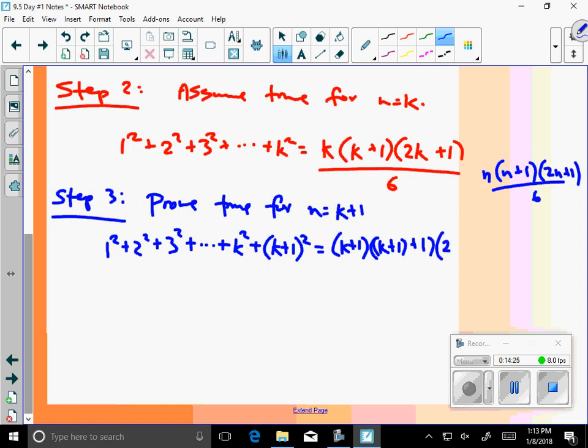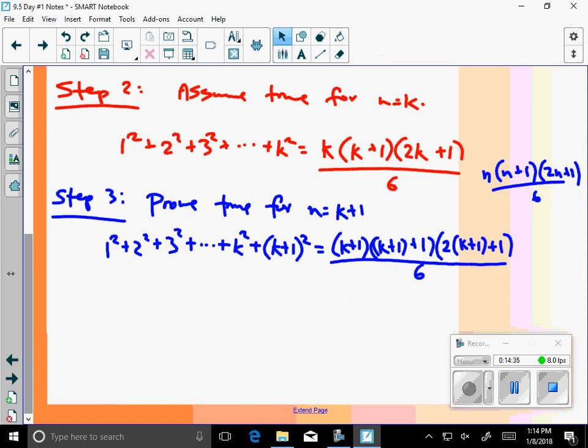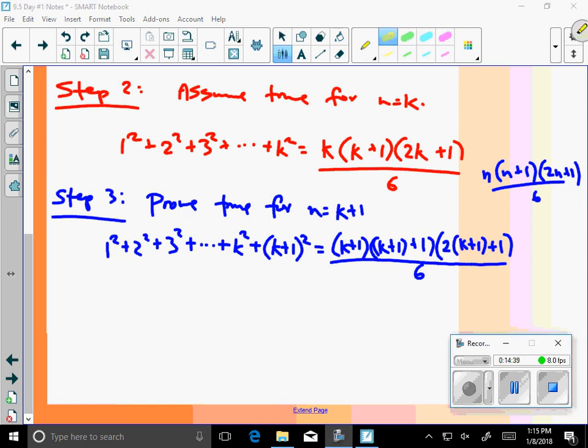That'll be 2 times the quantity k plus 1 plus 1 over 6. Ew. Let's pause for a moment. Okay, so let's highlight what we know from step 2, which is this. And I'm going to replace that, since I see it here, with this thing. And that's not pretty, is it?